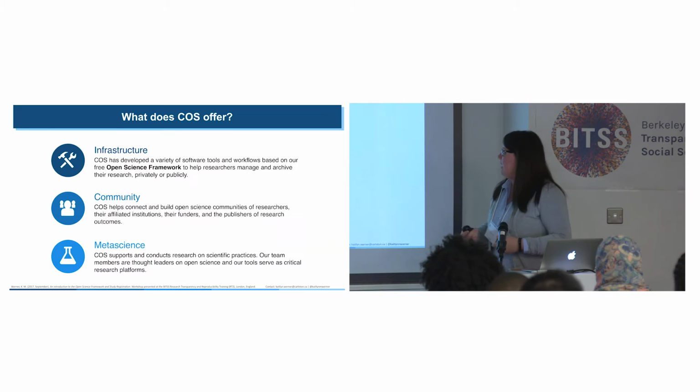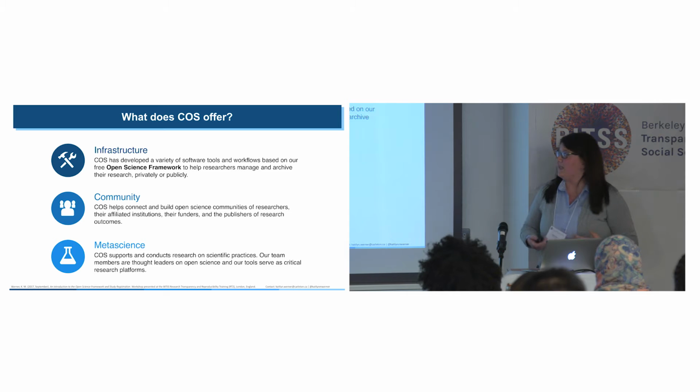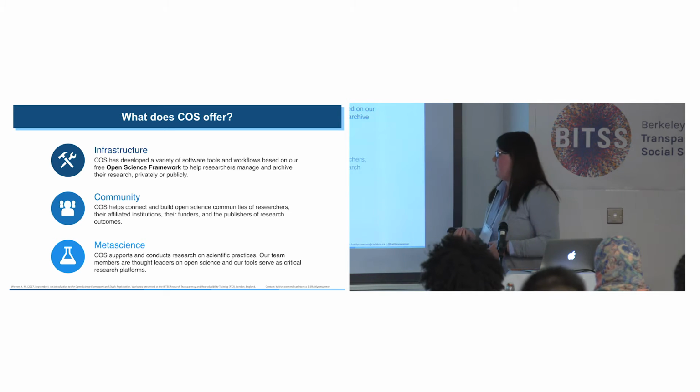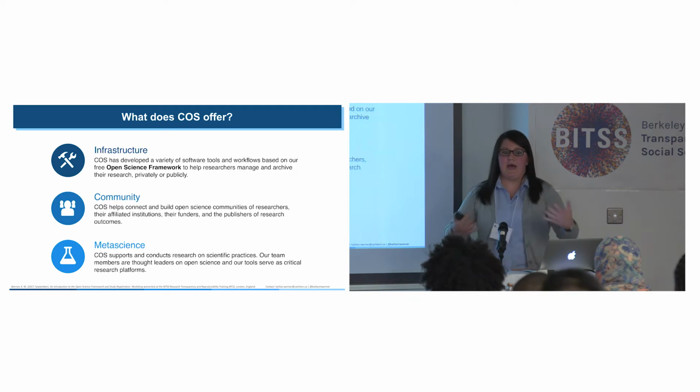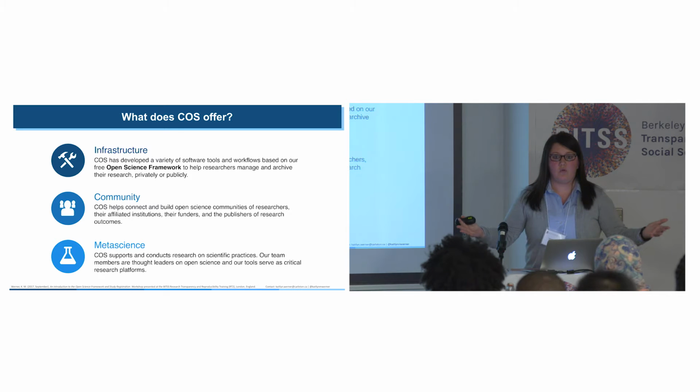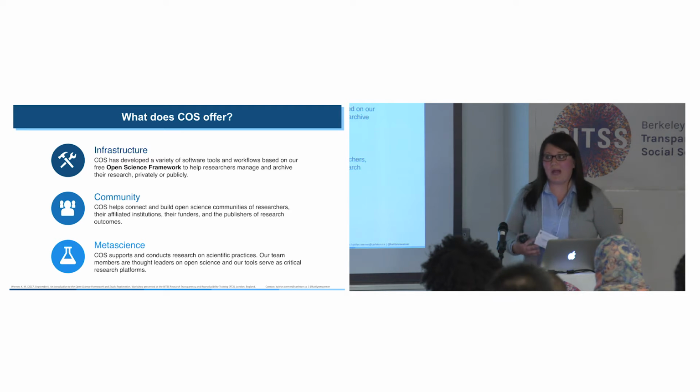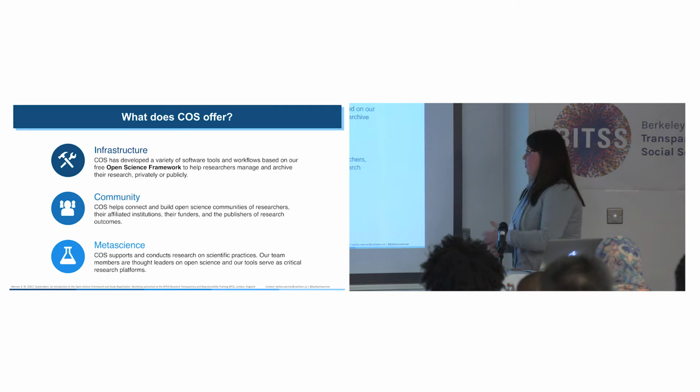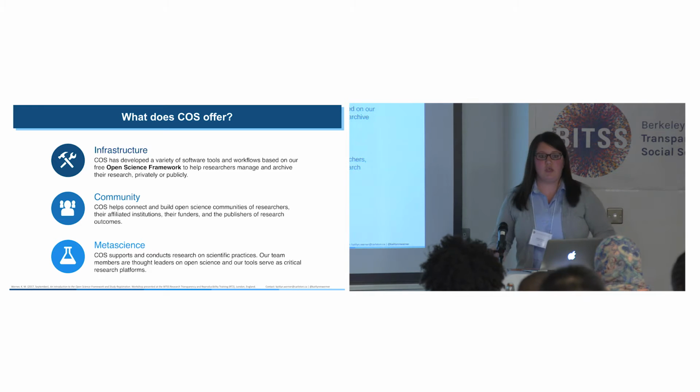At its core we have infrastructure, community, and meta-science. For example, the Center for Open Science has developed a variety of software tools like the Open Science Framework. There's also the community, so there are ambassadors like me that go out and train other researchers on these more open science practices. The Center for Open Science is also affiliated with different institutions, journals, funders, things like that.